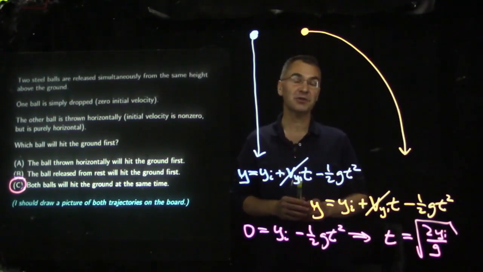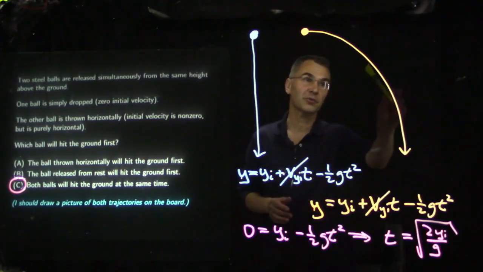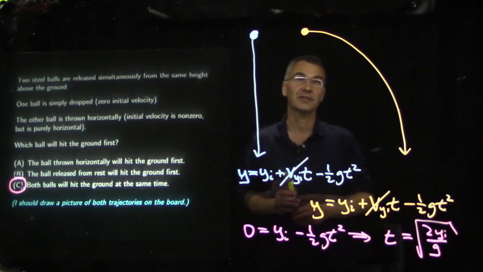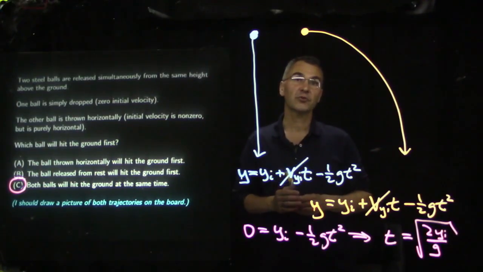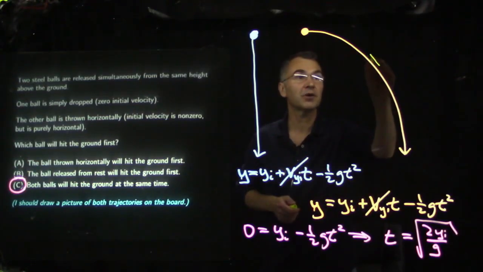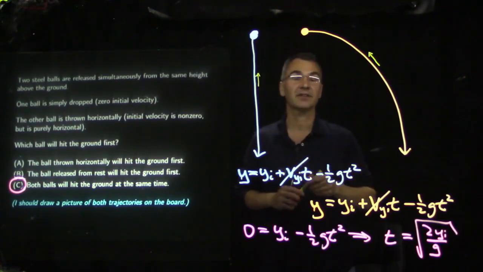By the way, if you want a very tiny digression that is not in our textbook, if we did account for air resistance, then the air resistance would be a drag force which goes in the opposite direction of the ball's velocity vector at a given instant, and it would be proportional to the square of the speed at which the ball is going. So I think in that case, air resistance would slow down the ball that's moving at higher speed more than it would slow down the ball that's moving at a less high speed.